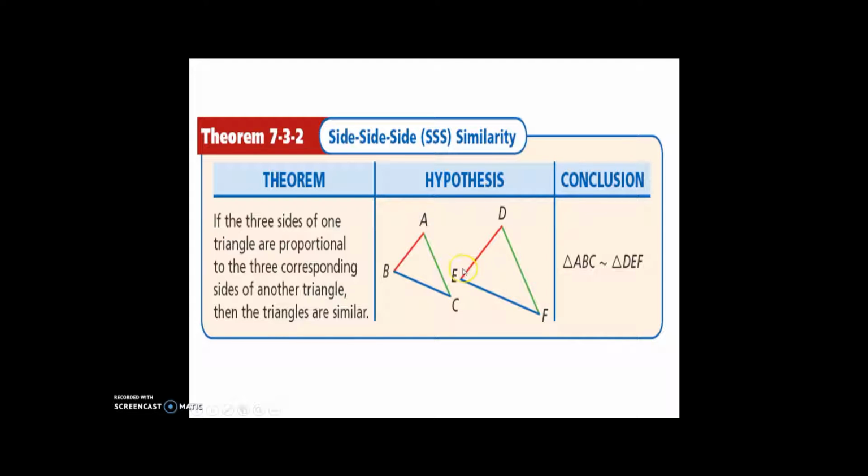Wasn't our 5 to 10 also a 1:2 ratio? Yes, it was. So then you could go to the BC and EF, the two blue sides, and they should form the same ratio if the two triangles are to be similar. So let's say it's 7 and 14 inches. Therefore, the two triangles are similar.